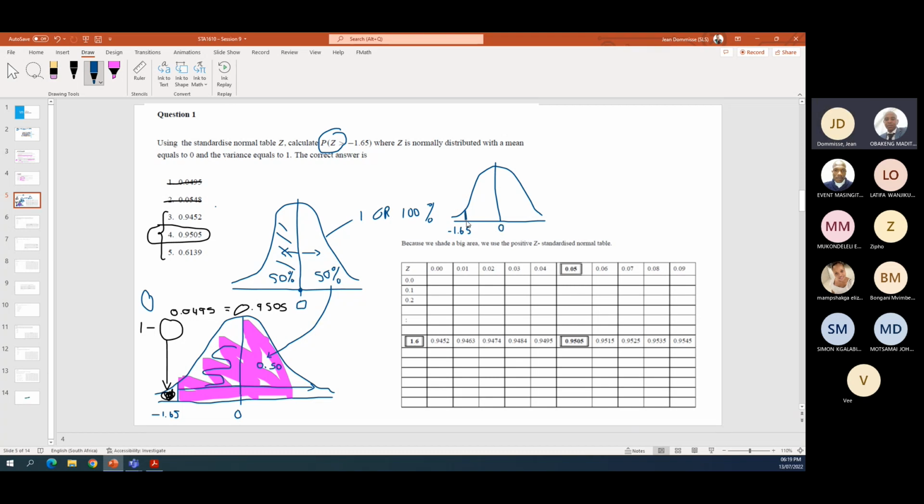So again, if I look at that minus 1,65, that size is exactly the same as if I have, again, let's just make that 0, if that was positive 1,65. So those two areas are exactly the same.